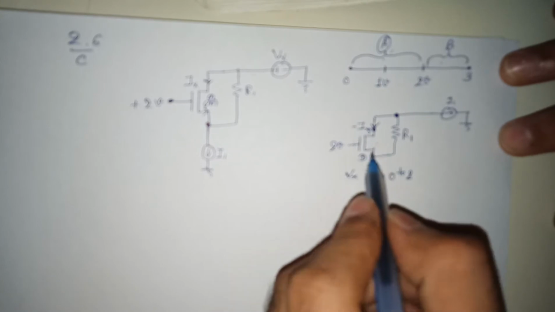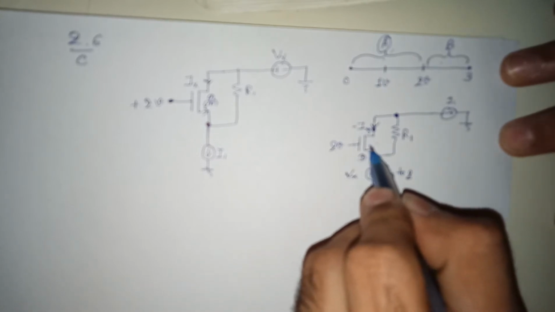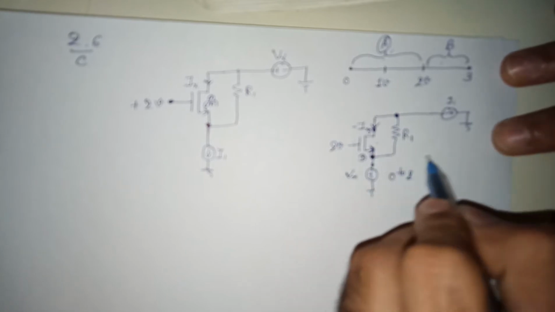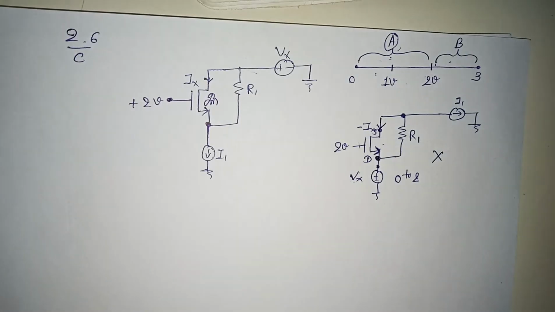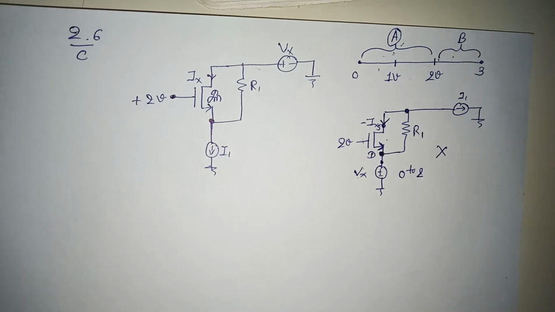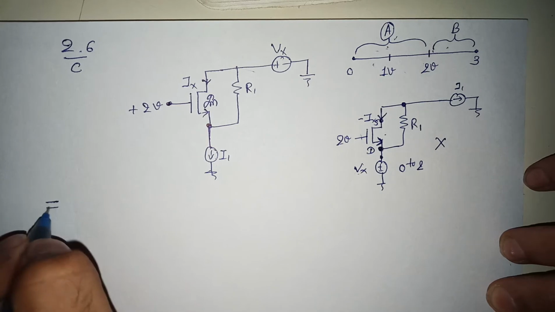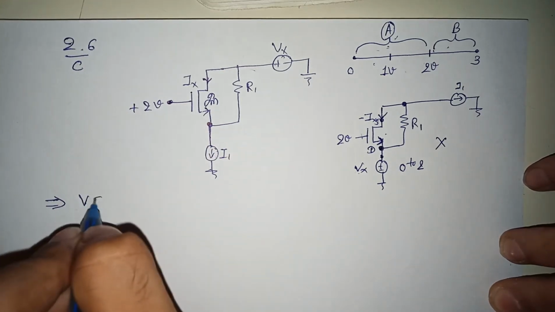So what we are assuming, that this terminal will be acting as a source, but that will not be true here. So this method of making two parts will not be accurate. Anyway, now we will see what will happen at Vx equal to 0.